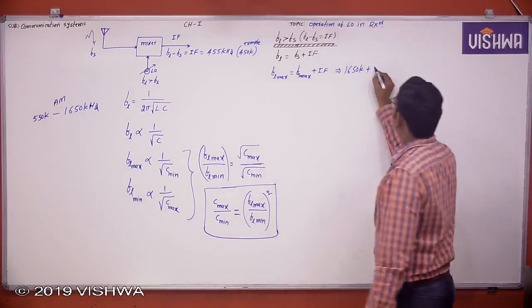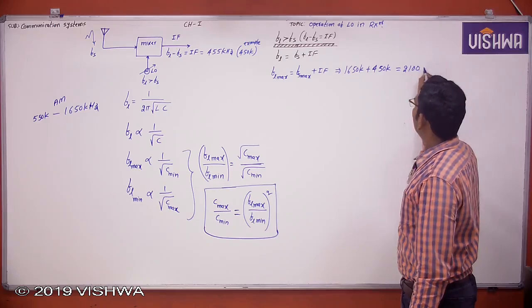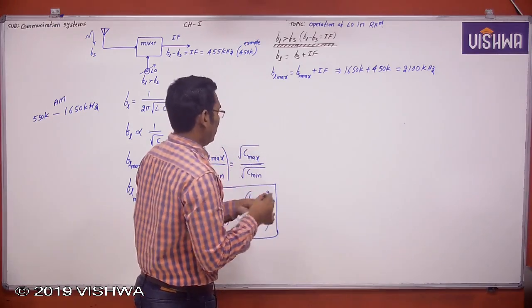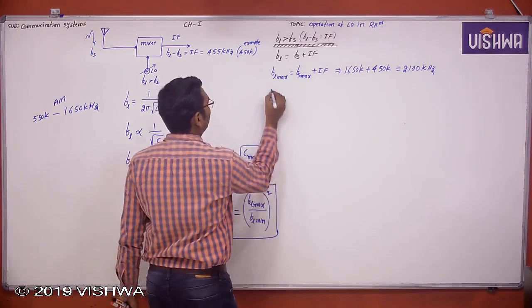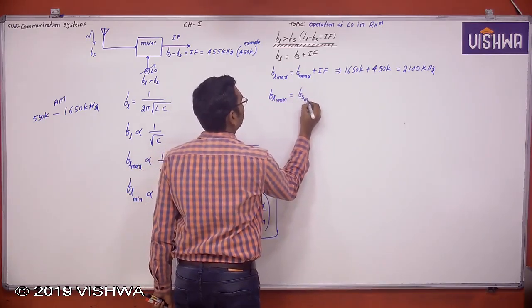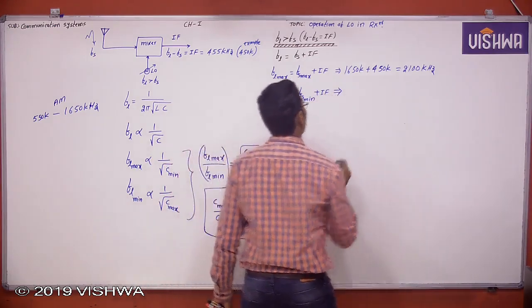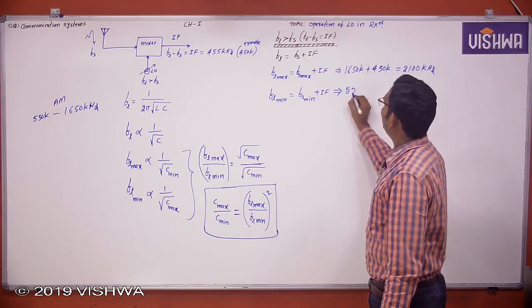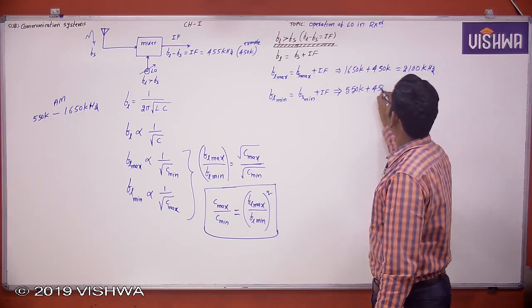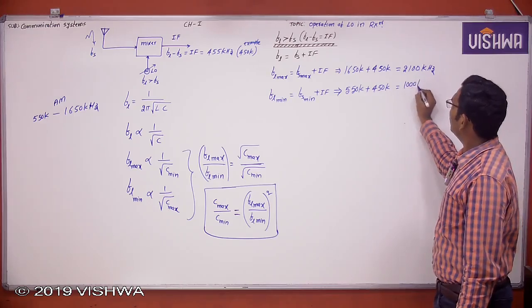So this is nothing but 2100 kilohertz. Now what is Fl minimum? Fl minimum is equal to Fs minimum plus IF, which is 550 kilo plus 450 kilo, equal to 1000 kilohertz.